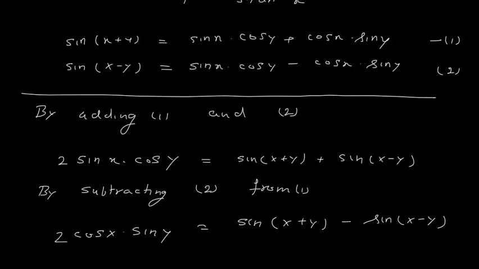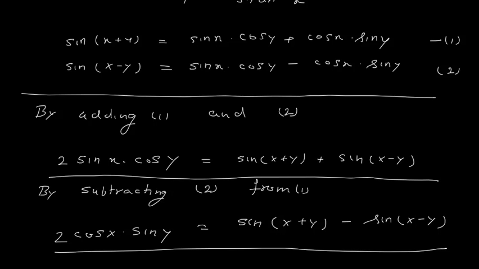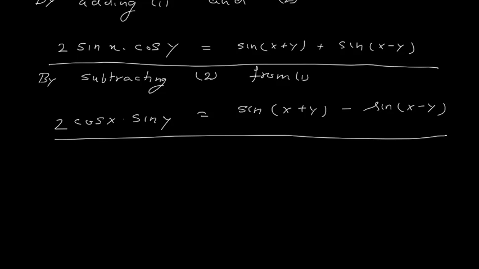So 2 sin x cos y is sin of x plus y plus sin of x minus y. When I have 2 cos x sin y, it is sin of x plus y minus sin of x minus y. When sin is first, we have a plus sign. When cos is first, we have a minus sign. These two formulas are very useful when you have a product of sin and cos and you want to find their values.